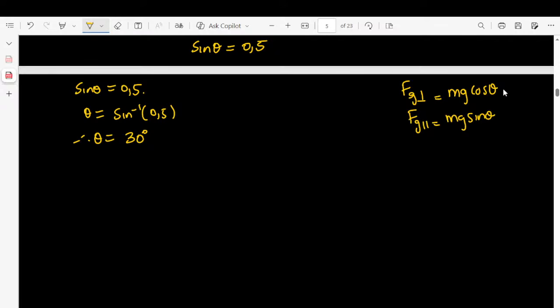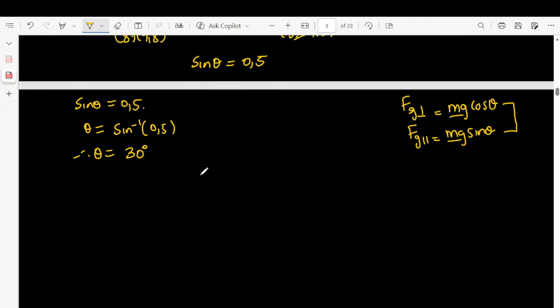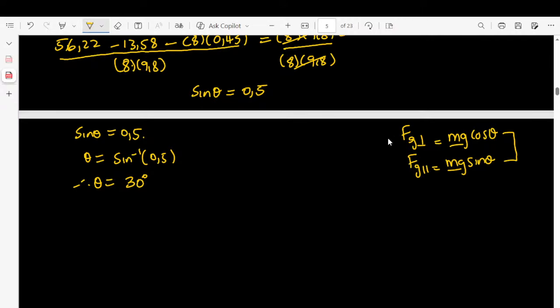So we know that this theta we use here is the angle of inclination. When they want us to find the angle of inclination, we can use one of these formulas to calculate it. If you have these two in whatever you are working on, just make sure you work on it. That angle is the angle of inclination. I hope everyone is happy with that. Theta is 30. Thank you very much. So now, how can we calculate the coefficient?